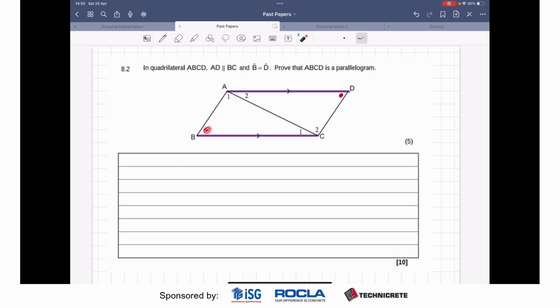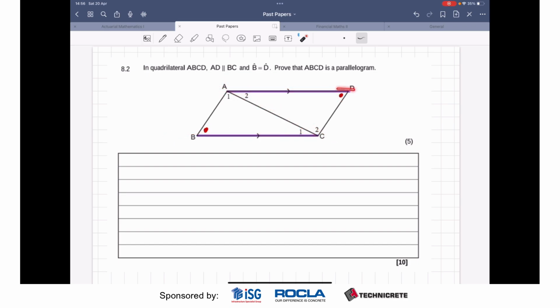So I was already told that this angle is equal to this angle that was given in the question. Then since this line is parallel to this line, I know that by alternate angles, this angle is going to be equal to this angle, and this line AC is common.